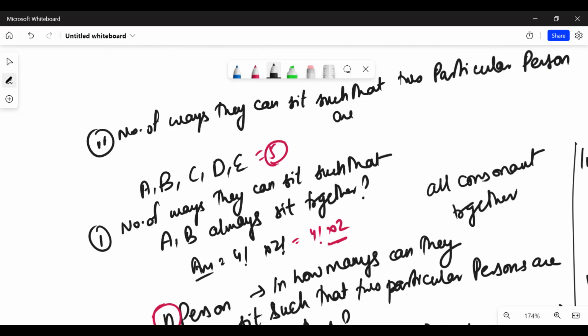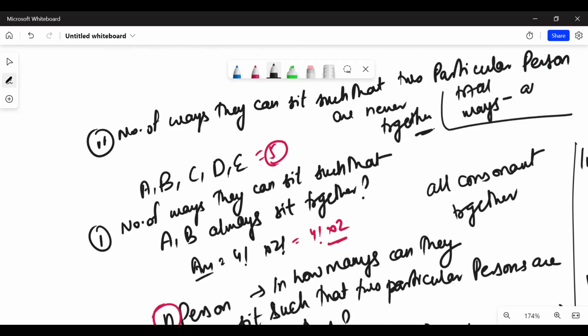You did together, now they are never together. How will you do it? That will be done like total ways minus always together. You're getting it?